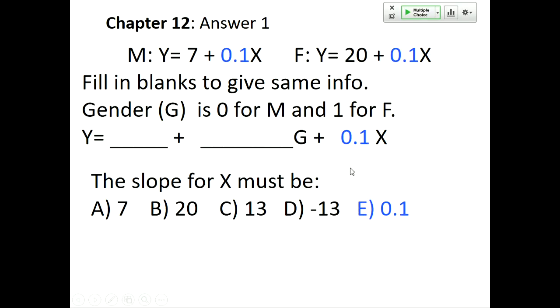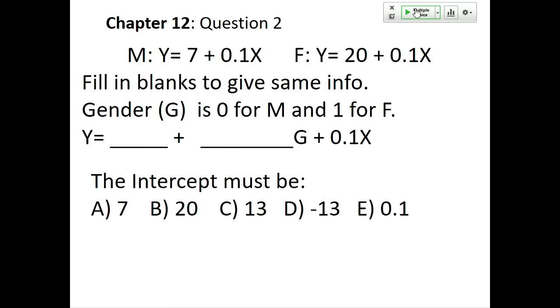In chapter 13, where we're headed, they're going to have different slopes. All right, so now let's look at our next question. Fill in the blanks to give the same information. What must the intercept be?